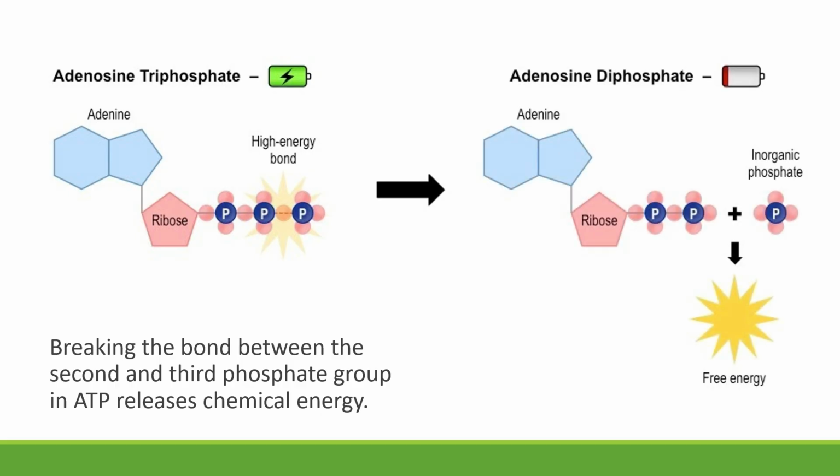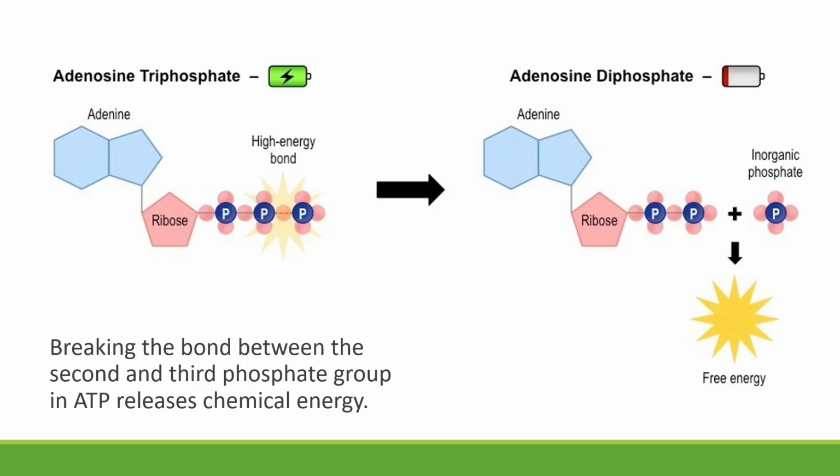And when this happens and the third phosphate group is lost and separated, the molecule transforms into adenosine diphosphate, ADP, instead of adenosine triphosphate, ATP, because now, once it loses that third phosphate group, it only has two, di meaning two.